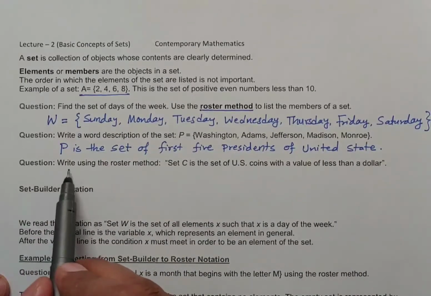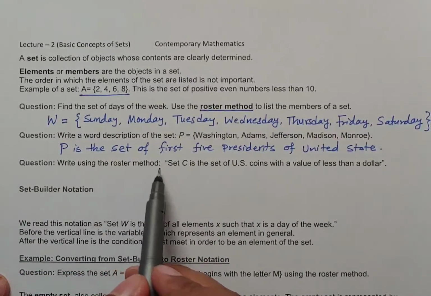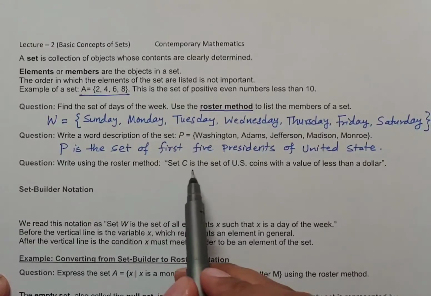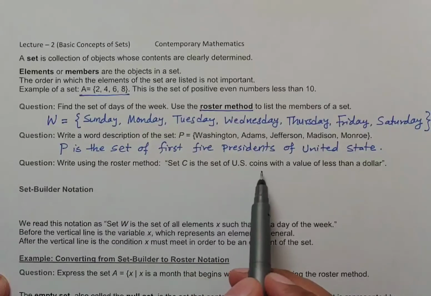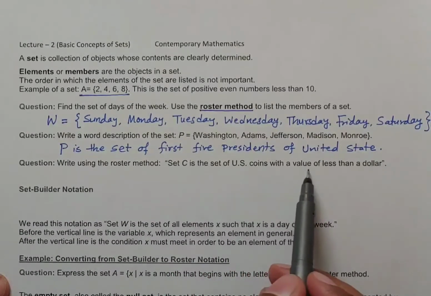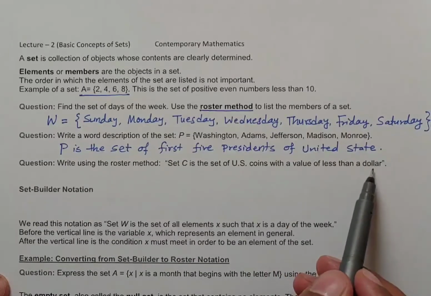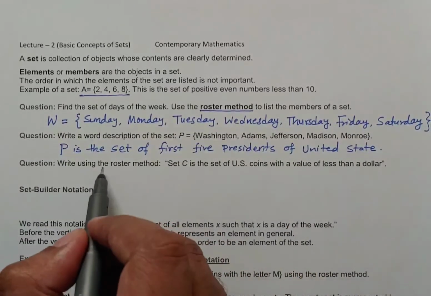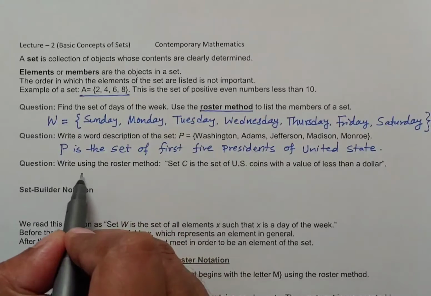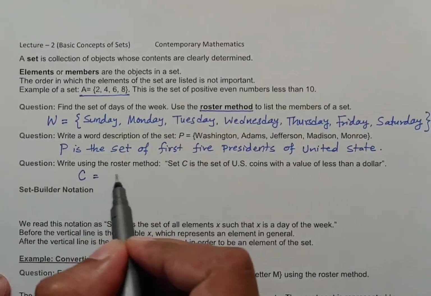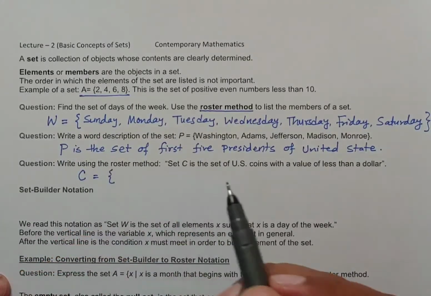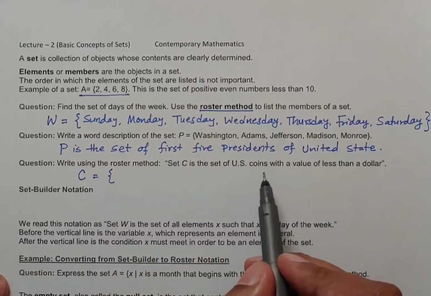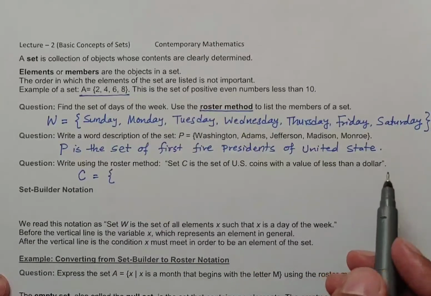The next question is, write using the roster method. The set C is the set of US coins with a value of less than $1. So we can put C, the name of the set, and we write all the coins which are less than $1, right?